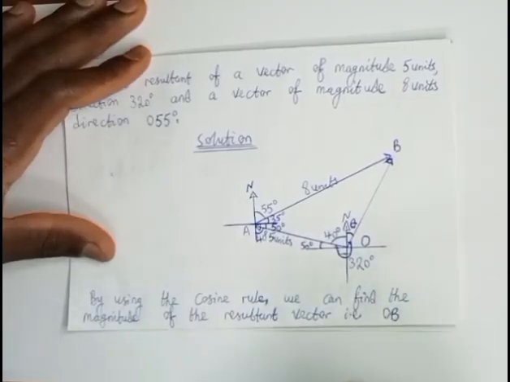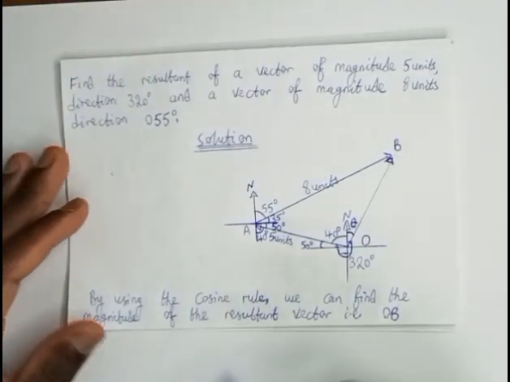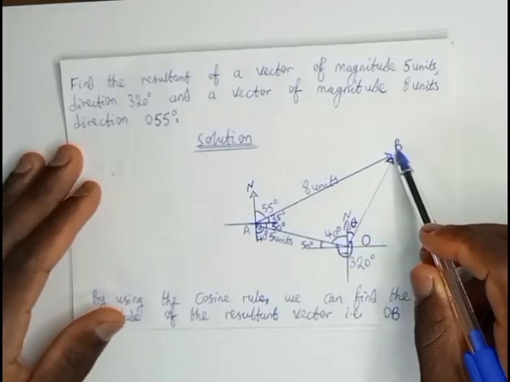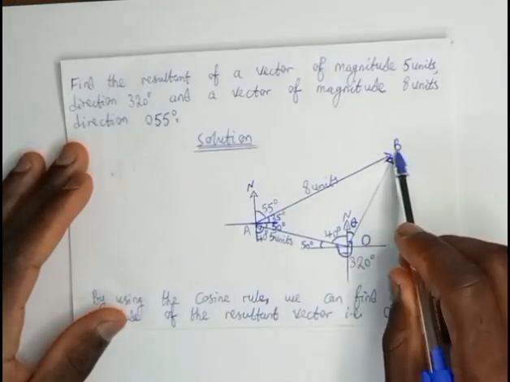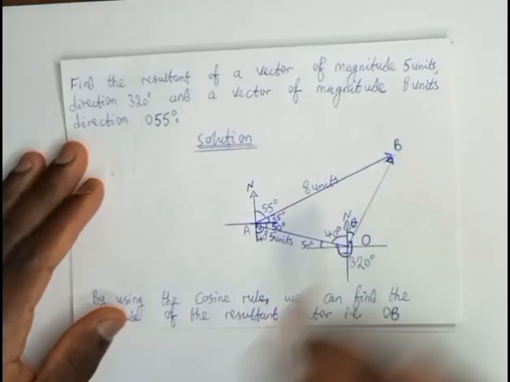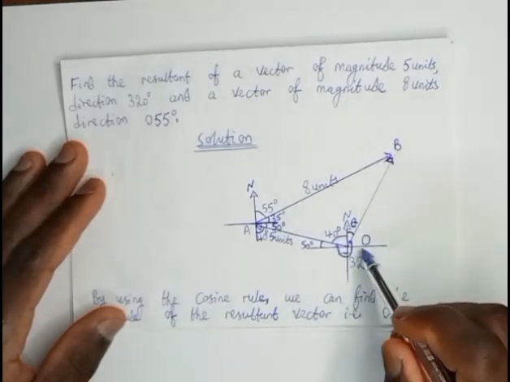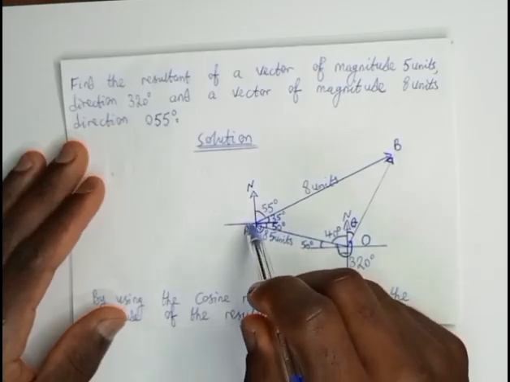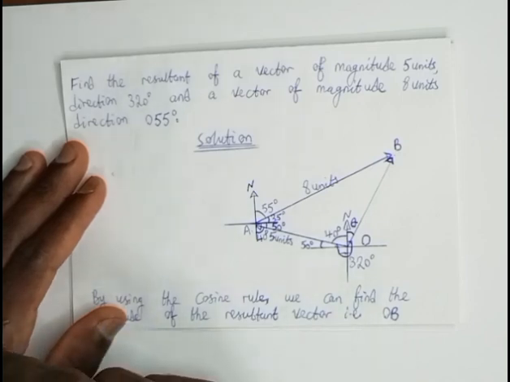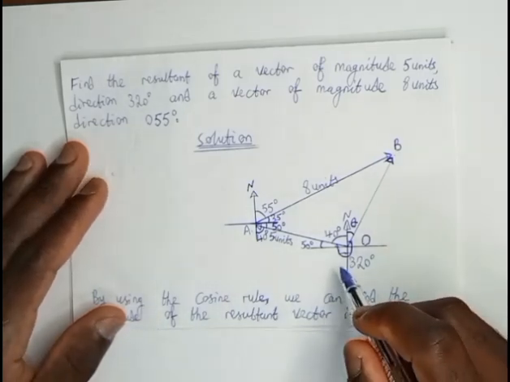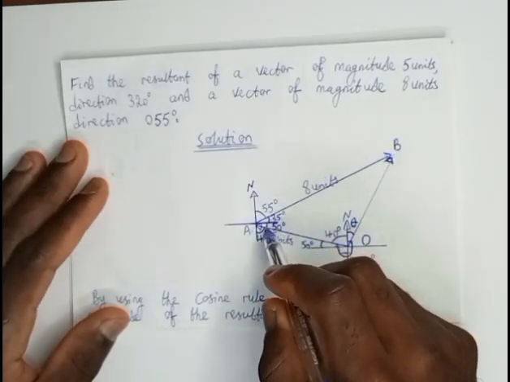We can find OB by making use of the cosine rule. OB squared will simply be equal to OA squared plus AB squared minus 2 times OA times AB times the cosine of the angle OAB, the cosine of this angle.